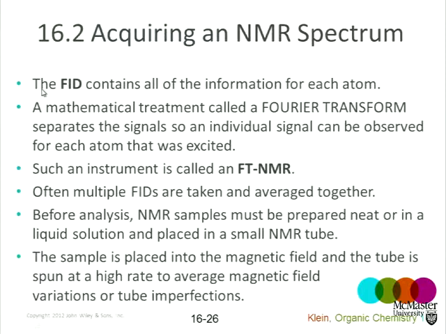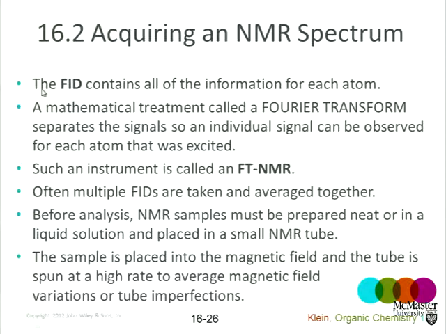We have to do a process called Fourier transformation to sort the mess out. That's what the computer does. And so we usually call our machines Fourier transform FT NMR. None of this really has any chemistry in it. Fourier transform is just a mathematical operation that allows us to sort out the signal from the absorption of all of the different nuclei at the same time.